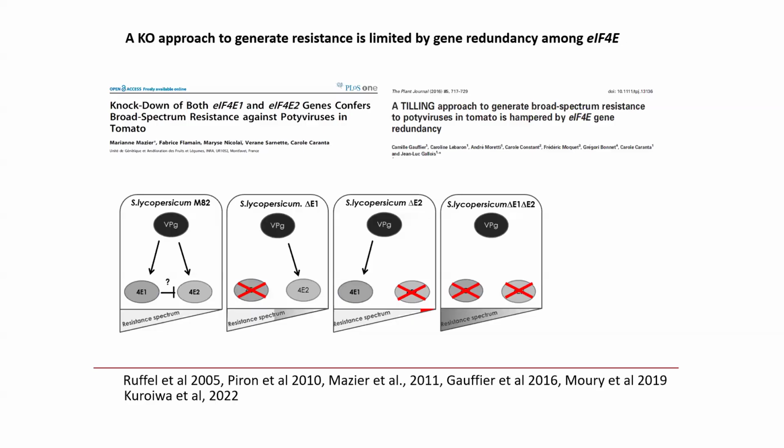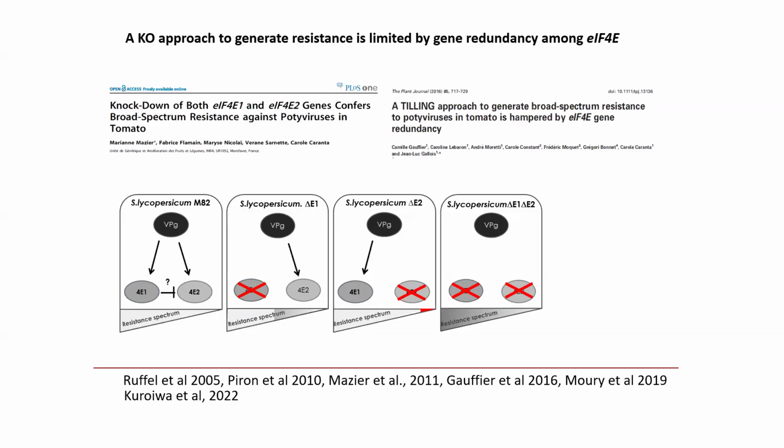So, as you can see on the successive panel, if you inactivate 4E1, most of the viruses will use 4E2, and you will have a very limited resistance spectrum. You can do the reverse, that's just what I show. You inactivate 4E2, most viruses will use 4E1, and again, a very limited resistance spectrum.